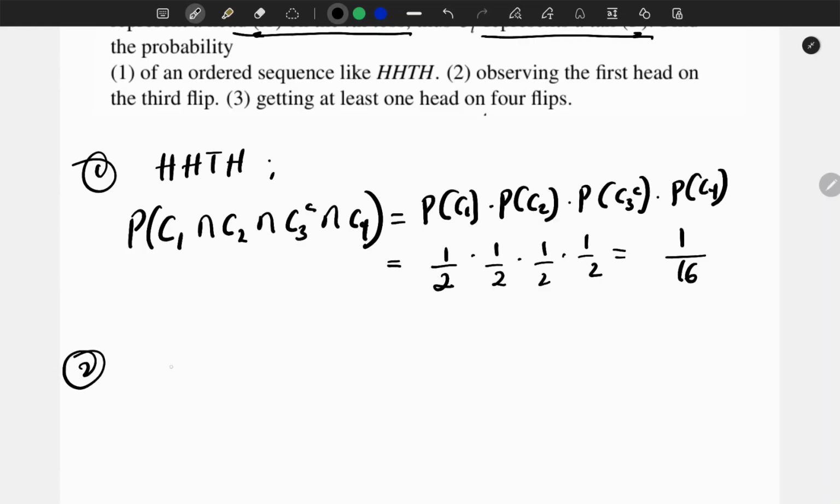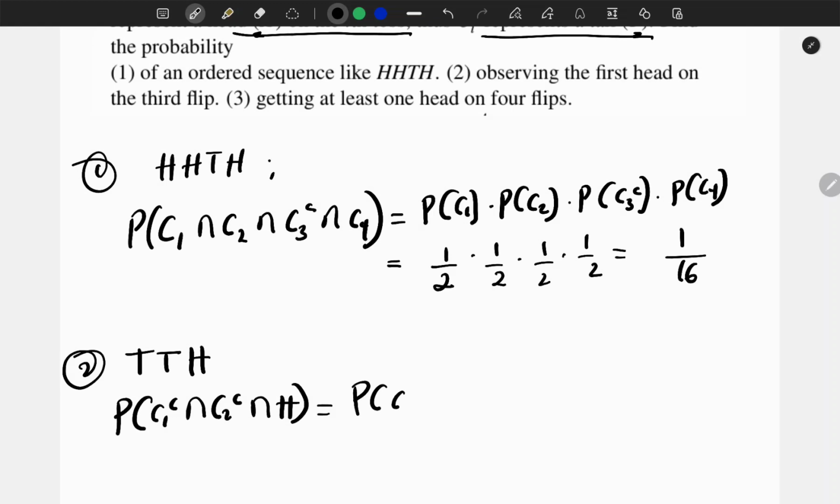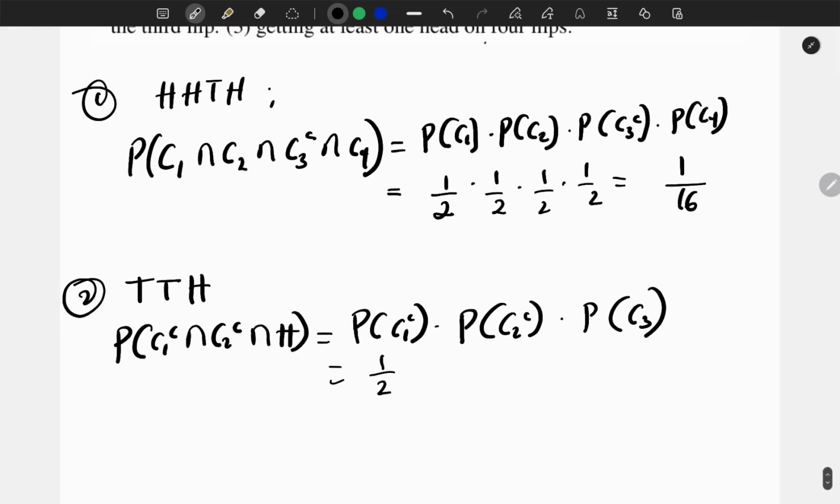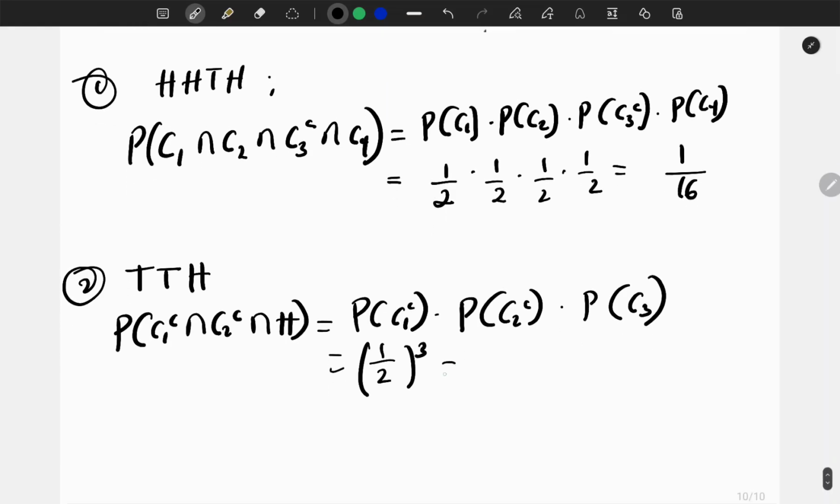The first head on the third flip means that we have T, T, H, and that's the probability of C1 complement intersection C2 complement intersection C3, which equals the probability of C1 complement times the probability of C2 complement times the probability of C3, and that is one half raised to the power 3, which equals 1 over 8.